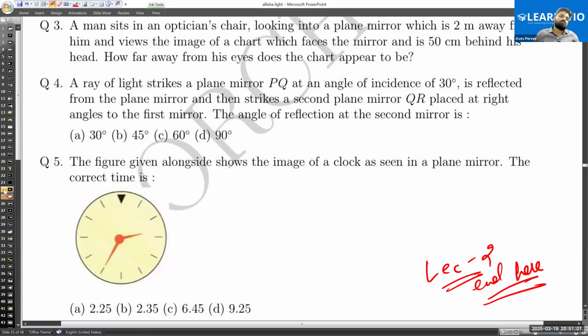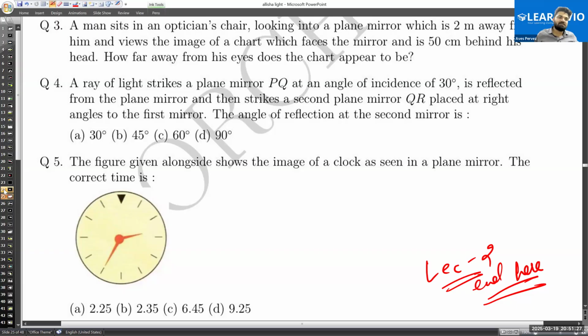1025? No. 925. It will be 925. When you see its virtual image, so it will be above.